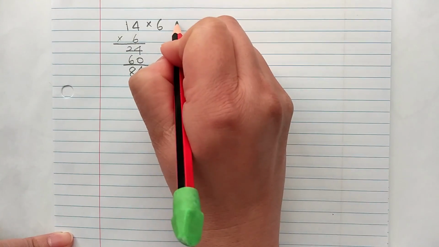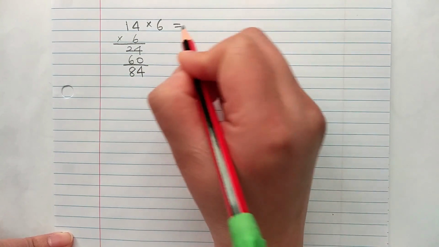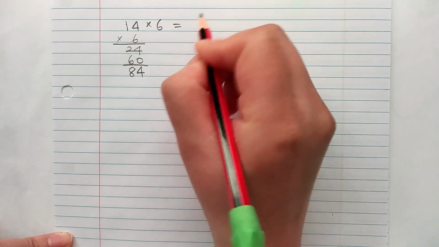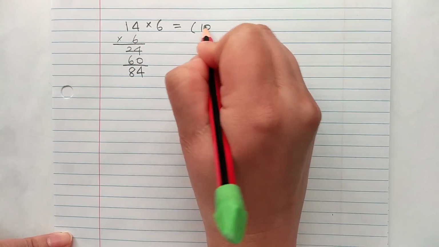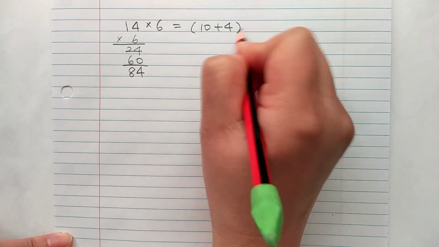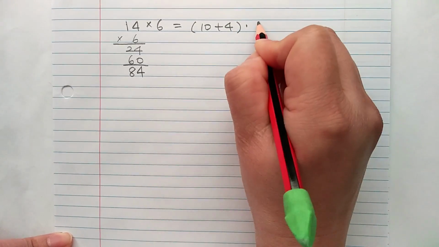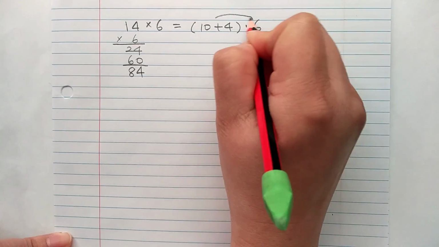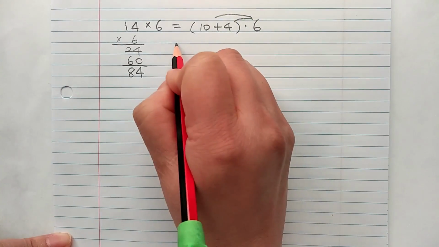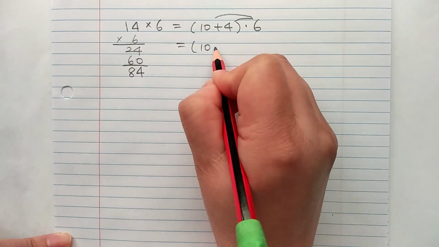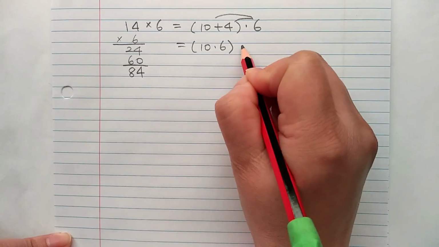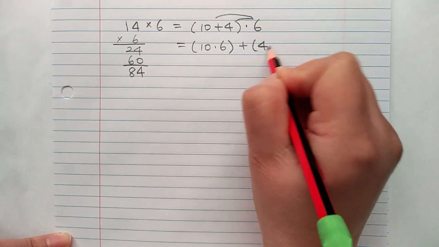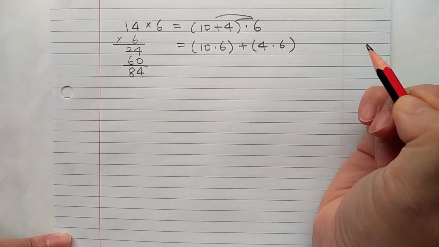Let me write this in the expanded form. So instead of multiplying 14, you will multiply 10 plus 4 by 6. And then you will multiply them separately. 10 times 6 plus 4 times 6.